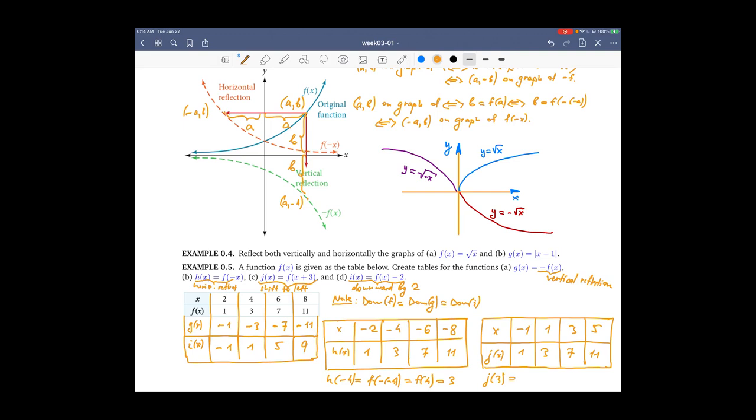J at 3 is by definition of j, f at 3 plus 3, which is f at 6, but f at 6 is indeed 7. This finishes this example.